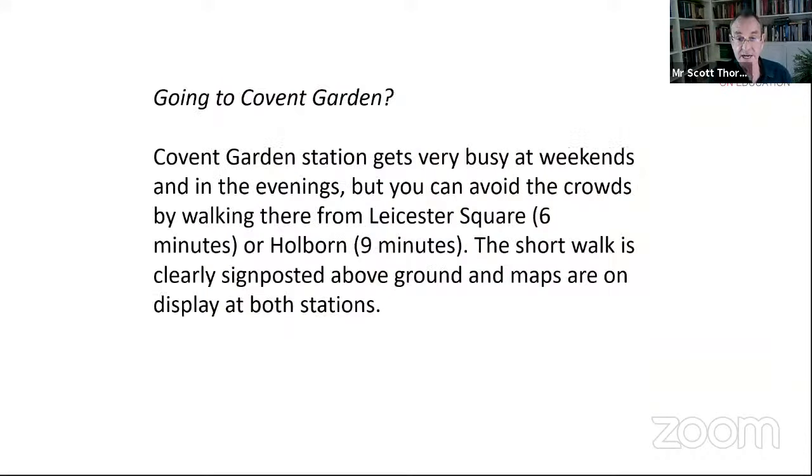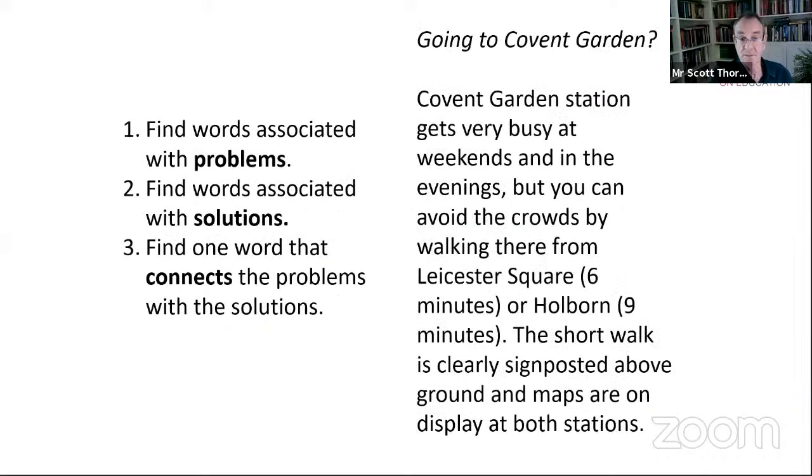So here's the text again. We mentioned before that it's a problem-solution kind of text. Can you find words in the text associated with problems? Words that have negative connotations. Busy, very busy, exactly. Not a good thing, busy. Any other words?